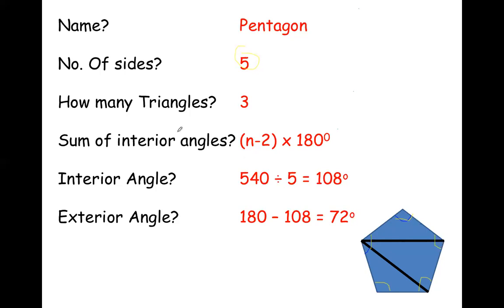So I take the sum of interior angles, which is 540, and then I divide by 5 because I have 5 sides, 5 angles. So each interior angle will be 108. Does that make sense, Zarif?